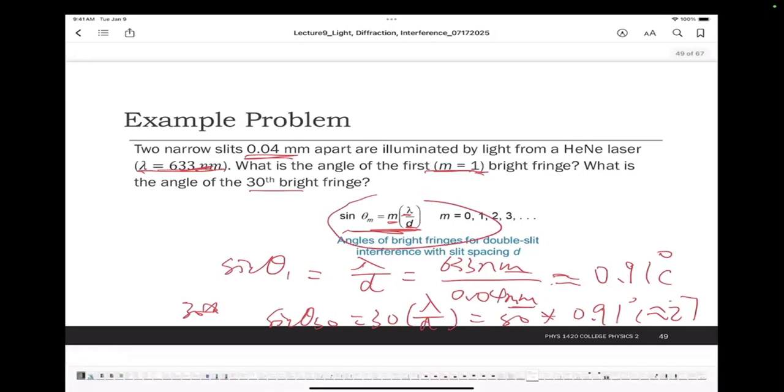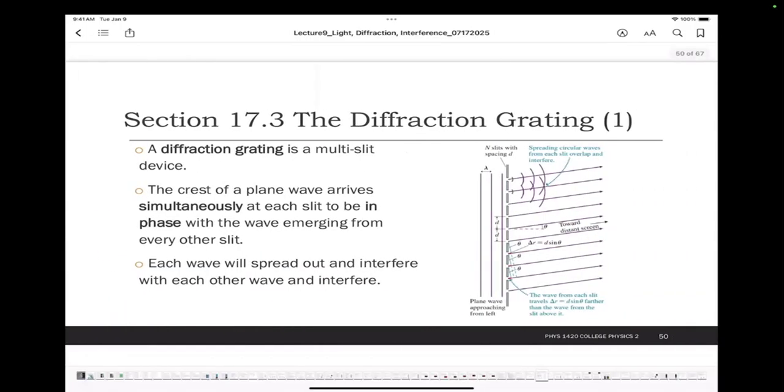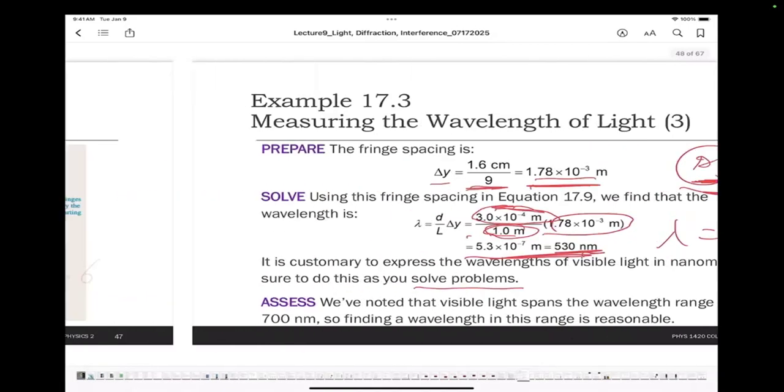Okay, let's continue to talk about the other thing, section 17.3, the diffraction grating. What is a diffraction grating? A diffraction grating is a multi-slit device. Actually, you can see just now we talked about only two slits.